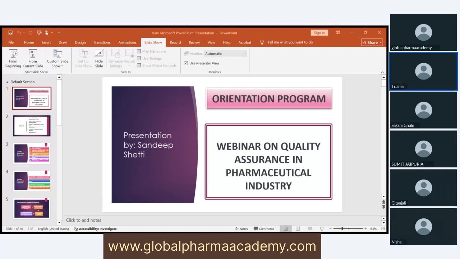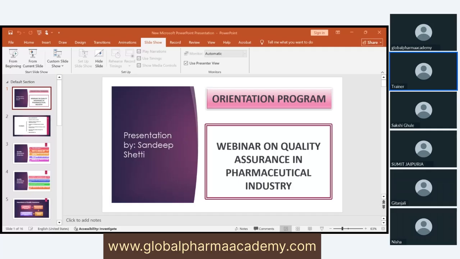Second, in recent times there is a coined term called the life cycle approach. When we say life cycle approach in the pharmaceutical industry, it starts from development. Suppose any product is developed, first the product is developed in R&D, a small laboratory where the product is developed.